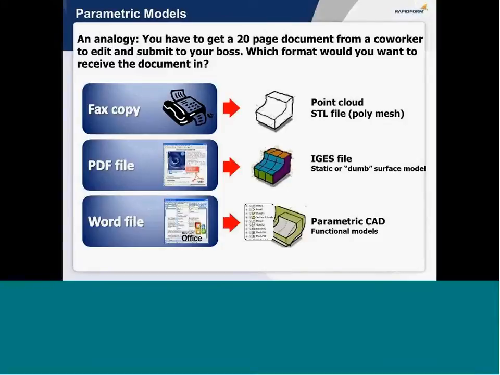And the last file format is the Word file, which is fully editable in the case of the document. And in the case of the parametric CAD model, you have the fully functional model. You have numeric values, which you can change, and you can change the whole model shape based on those values.